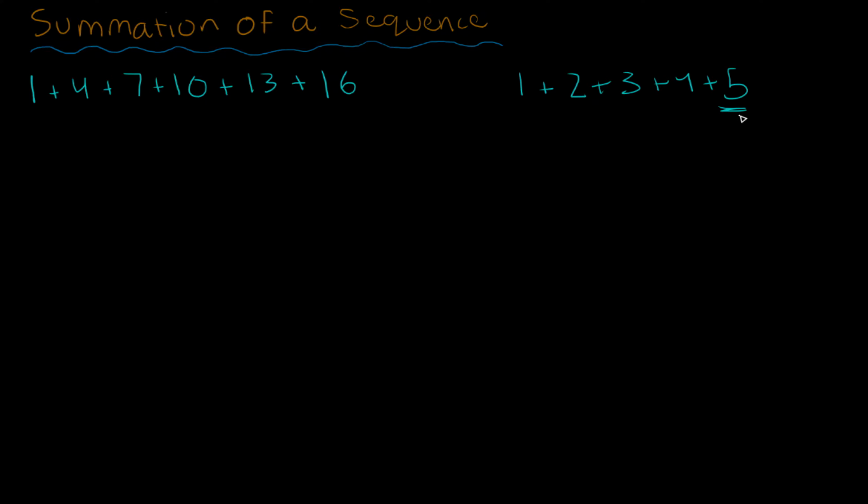So the nth term was n, which is very key for the formula n times n plus 1 over 2. It's very key that this nth term will be n, so that this n plus 1 will make sense. Because this n plus 1 is in reality just this 1 plus 5, as we observed.